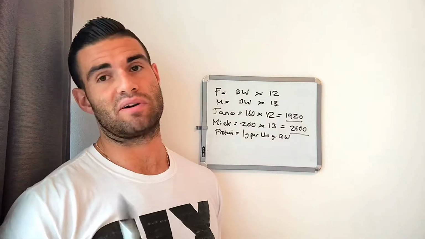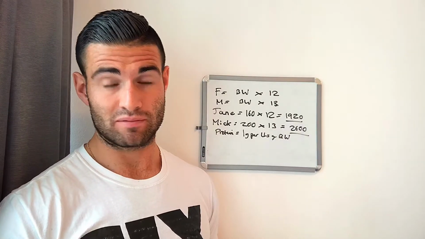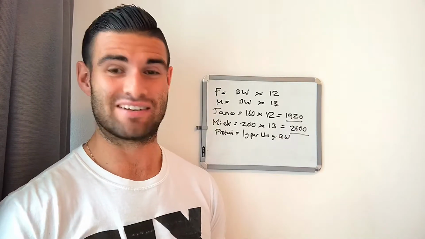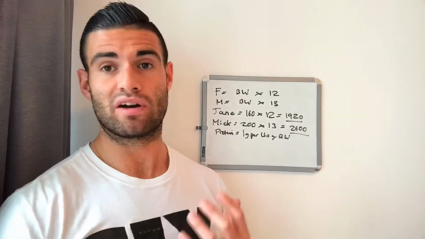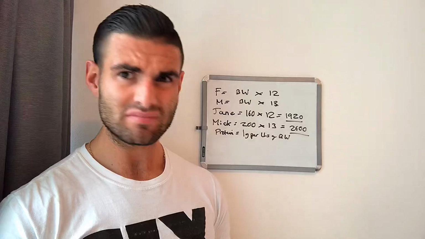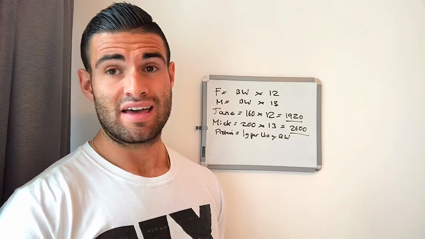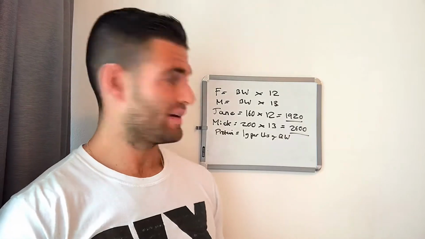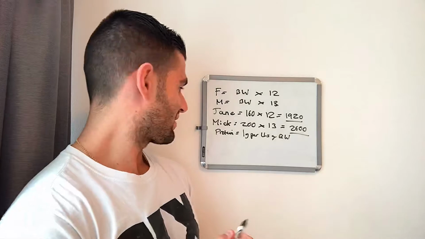You want a higher protein diet, especially in fat loss, because it's going to keep you more full, which is obviously useful if you're in a calorie deficit, which you should be for fat loss. And especially if you want to, as I said at the beginning, get lean, keep muscle mass, and look good in the mirror, you're going to want a high protein diet. Now, this is where it might get a bit complicated.